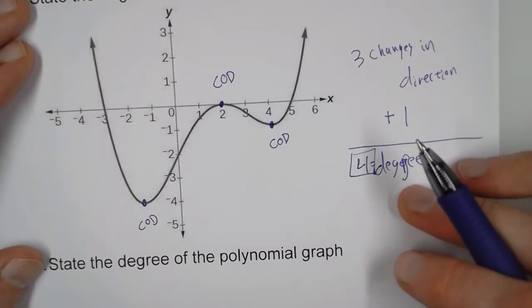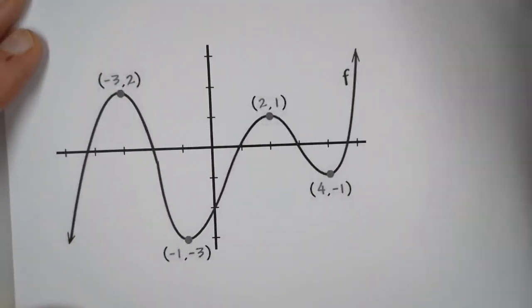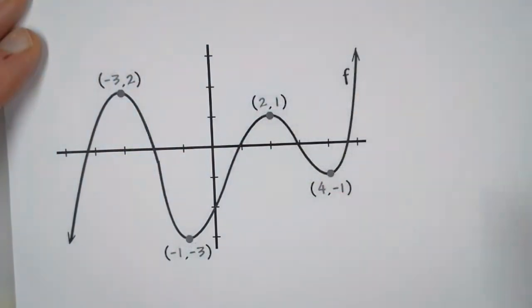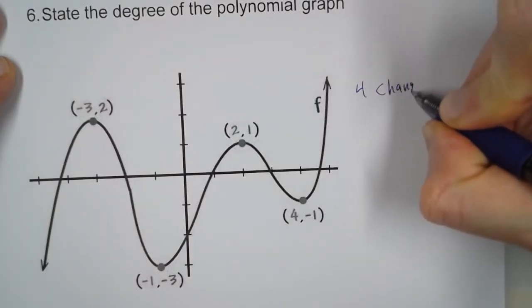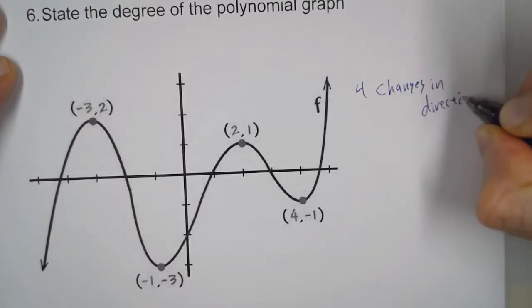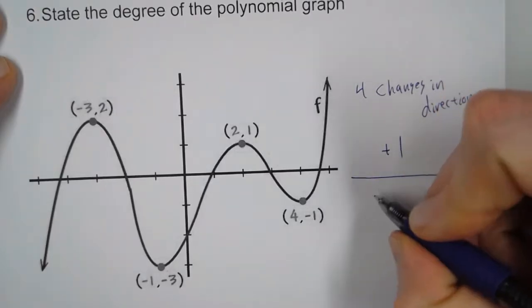And then here in number 6, same thing. Here we've got 1, 2, 3, 4 changes in direction. So that means to find the degree, we add 1. So our degree is 5.